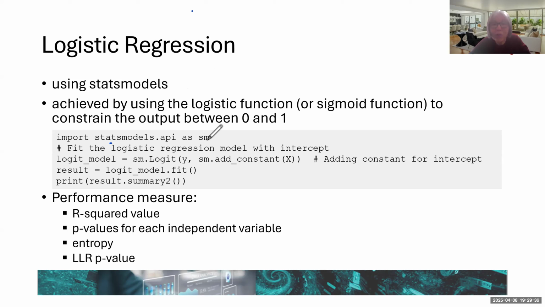You just invoke this logit function, and then you plug in the dependent variable points and the independent variables, then you fit the values, and it will give you the output. We will see it in our example. So you can see using the model is pretty straightforward.